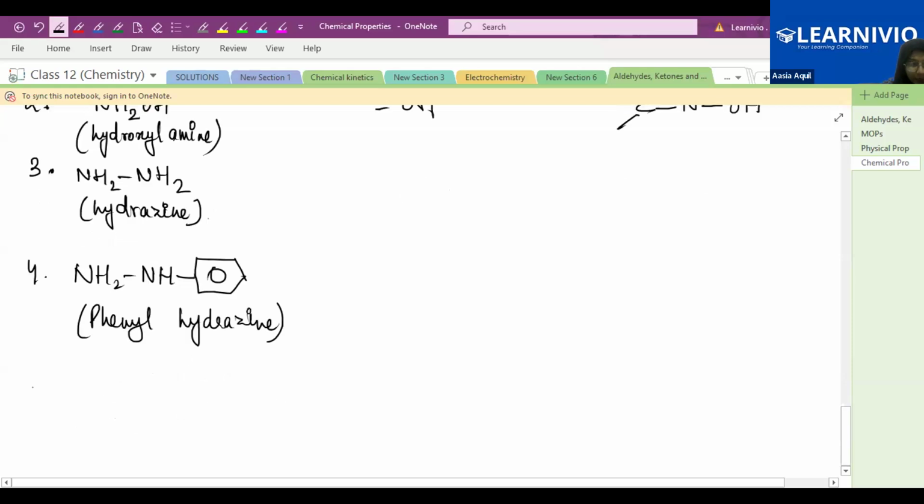Then the fifth one: NH2 NH, then a phenyl ring, and on the phenyl ring, on the ortho as well as the para position, there is a nitro group.